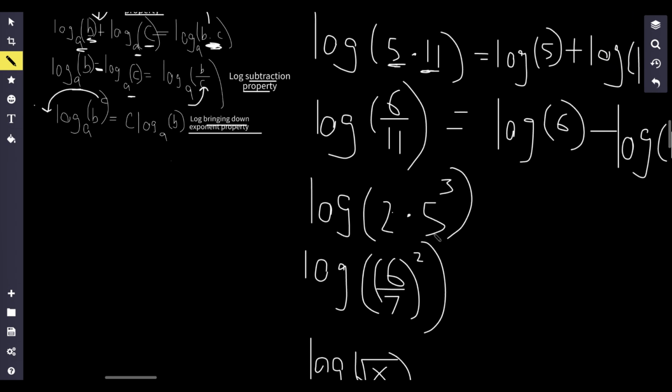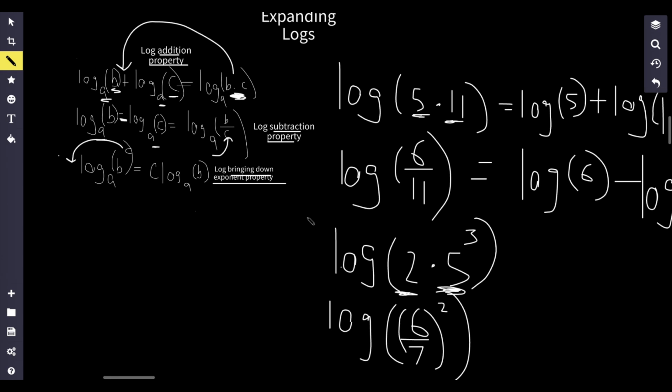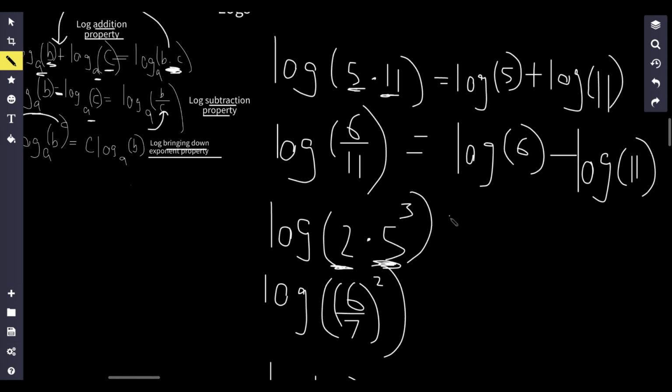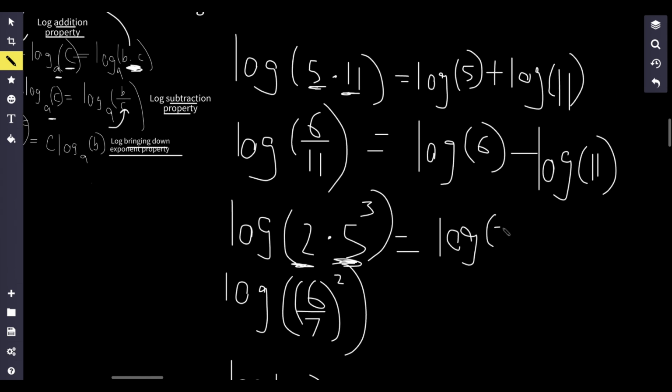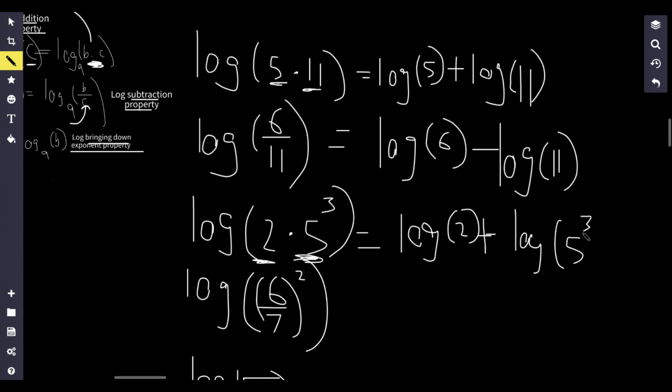Now this one, the first thing I notice is that we have two things multiplied together, so I can use the logarithm addition property, because it's a product of two things. So I'm just going to get log base 10 of 2 plus log base 10 of 5 to the third power.